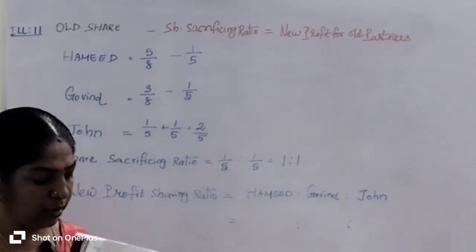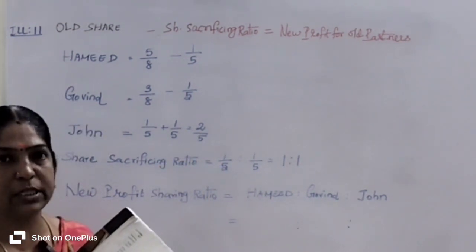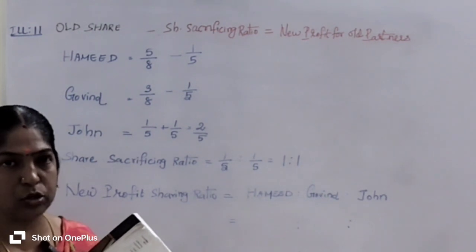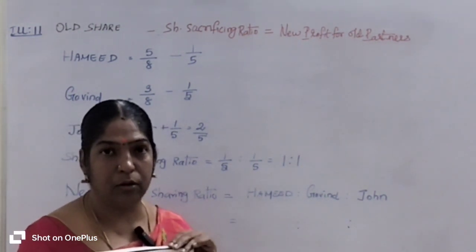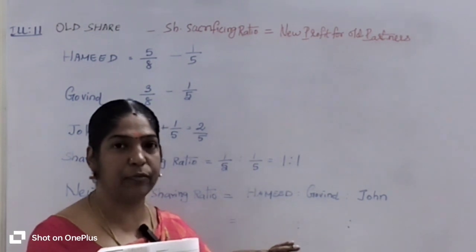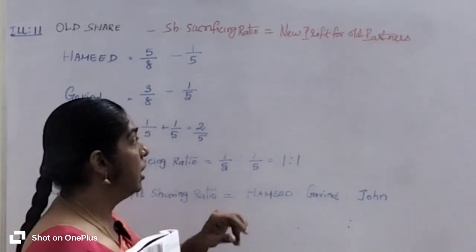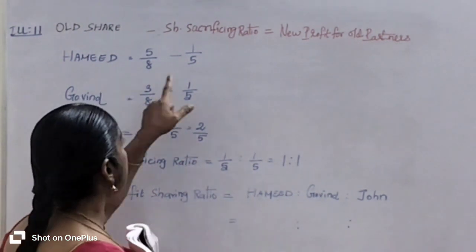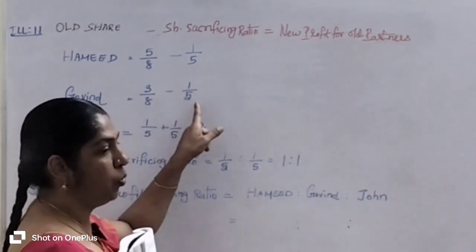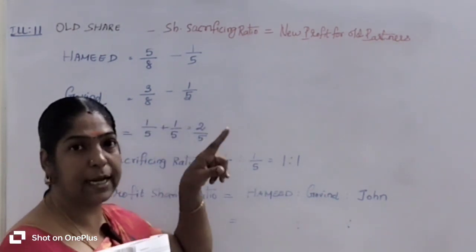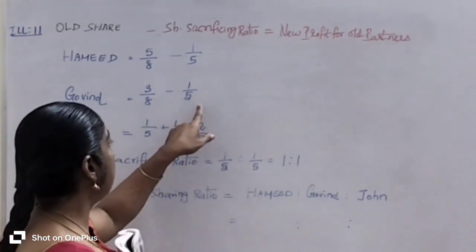Then what they ask is to find out the new profit sharing ratio and sacrificing ratio. The sacrificing ratio is already given in the question clearly. Amit's sacrificing ratio is 1/5 and Govind, the old partner, has a sacrificing ratio of 1/5.